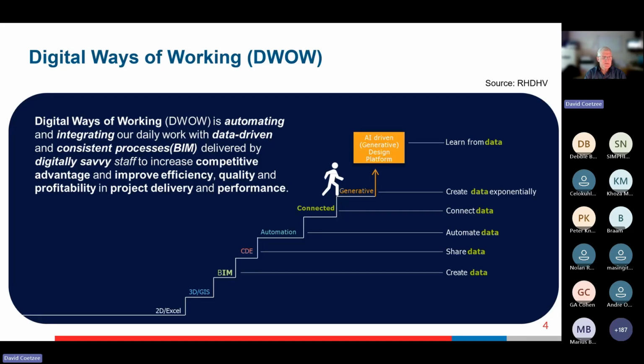So some of those steps there, we look at how we used to do things, 2D using Excel and 2D CAD drawings. Then we started moving into 3D drawings using tools like Revit and the Bentley Systems solutions and GIS, and things started becoming a lot more effective and efficient. Then we start talking about BIM.